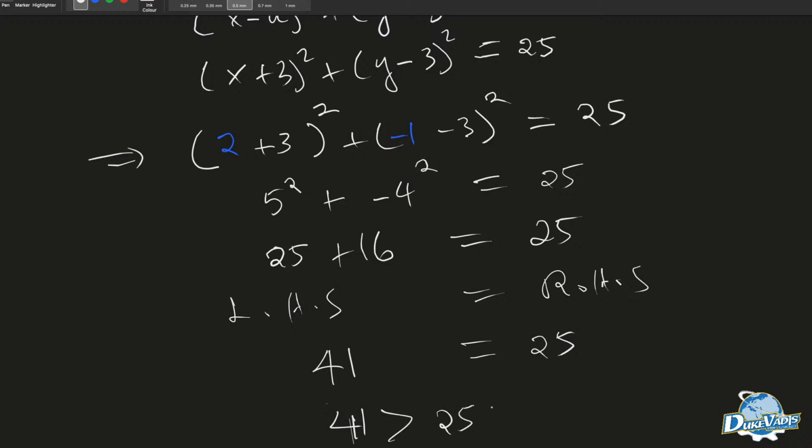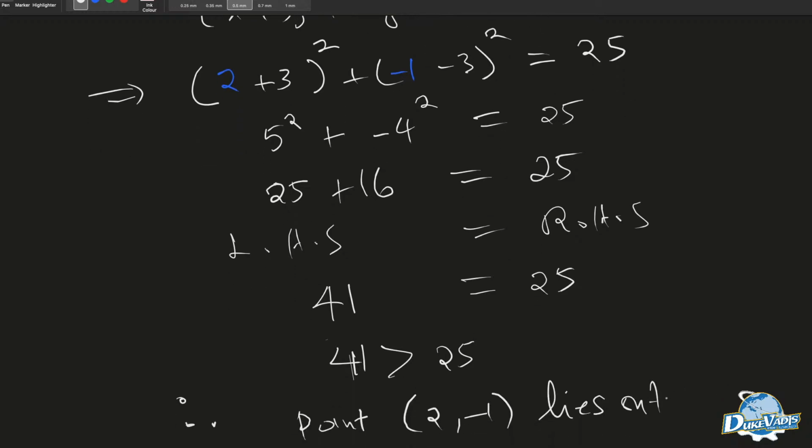So that means that point lies outside of the circle. Therefore the point lies outside the circle.